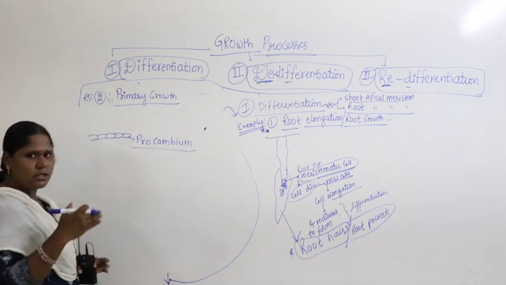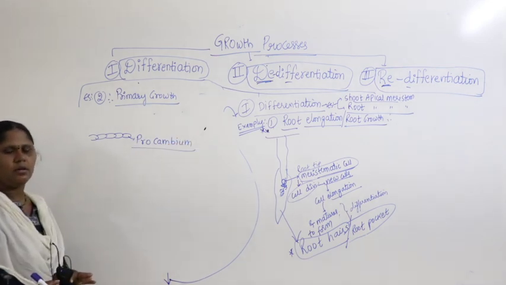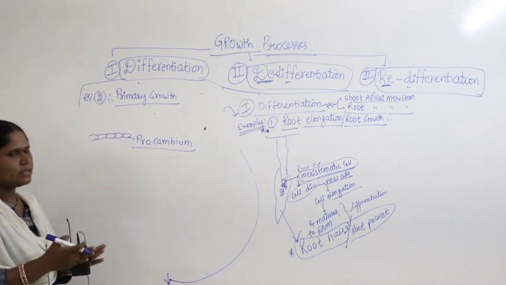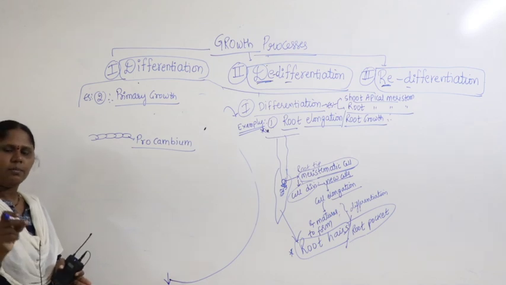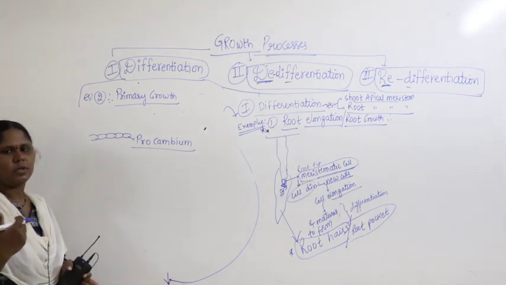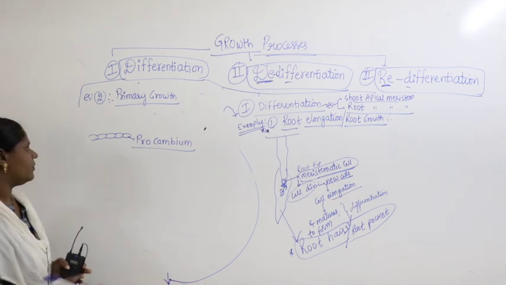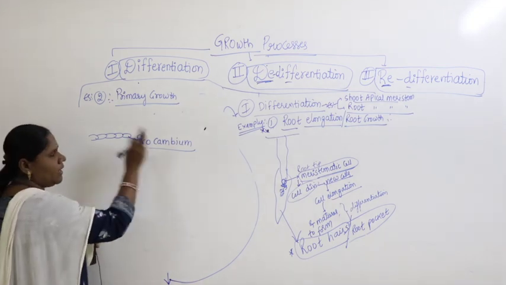Right. In early stages of development in the anatomy, the first formed cells in the leading vascular bundle are called cambial cells. First formed, so they are called procambium. So here is what you find, procambium.